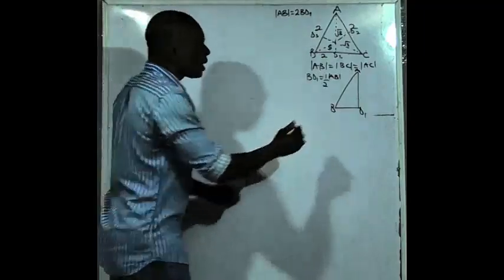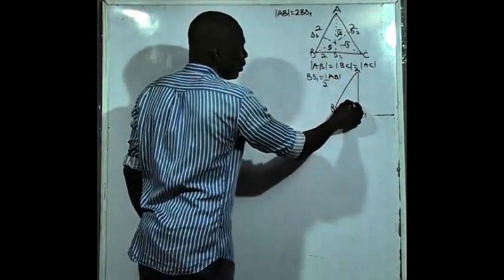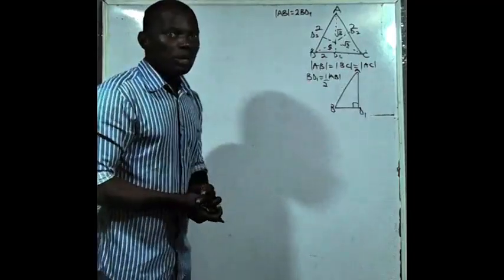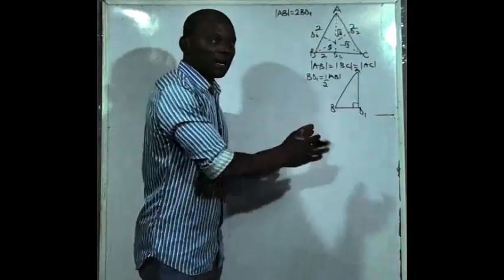So now, if we look at this triangle ABD1, it is a right angle triangle. So that means we can apply the Pythagoras theorem here.